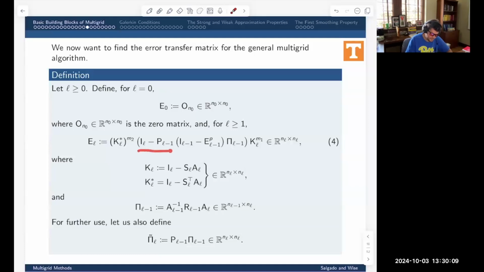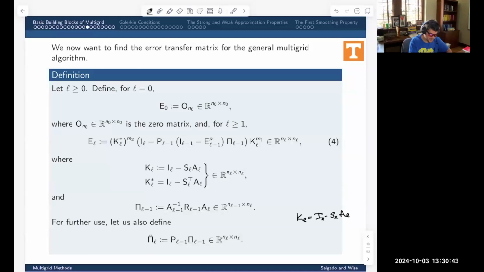Times a bunch of stuff, which I'm going to define momentarily, times the error transfer matrix for pre-smoothing. This is pretty clearly the error transfer matrix for pre-smoothing. And remember what its definition is. It's just going to be K_l equal to I minus S_l A_l.